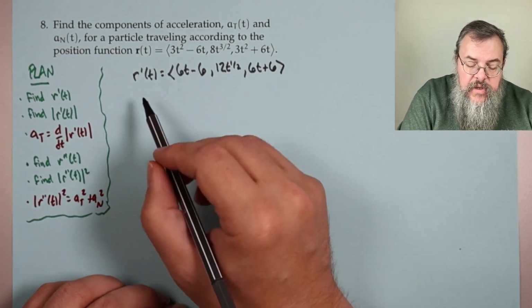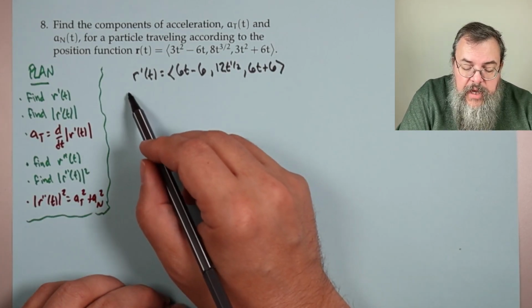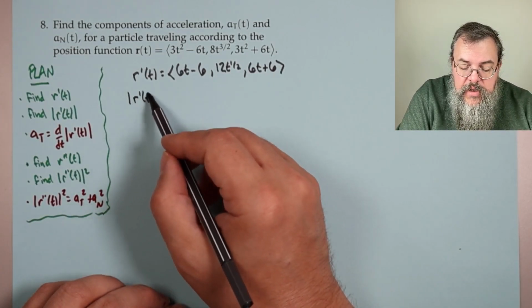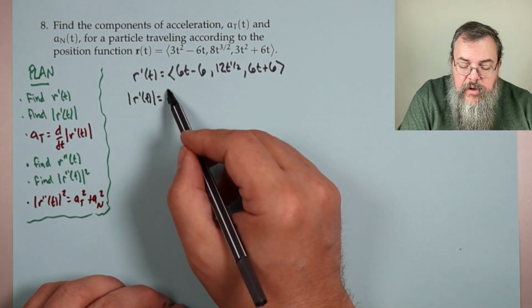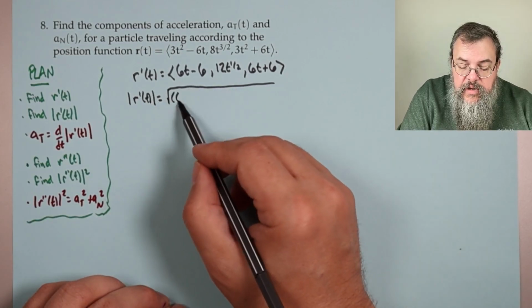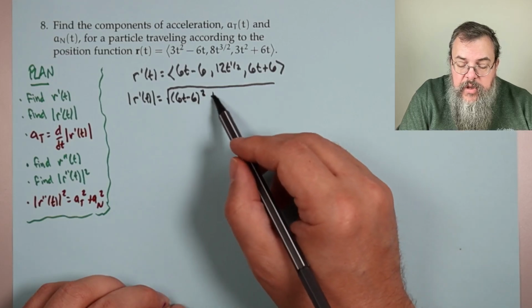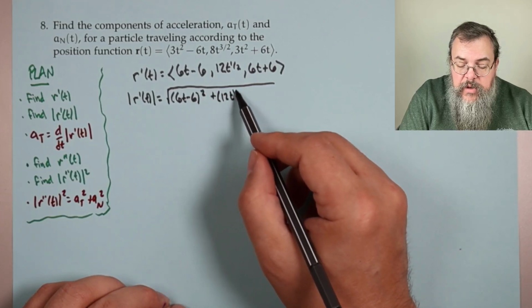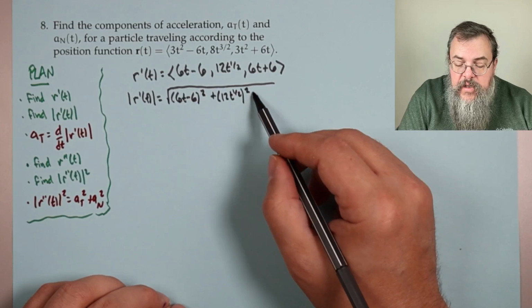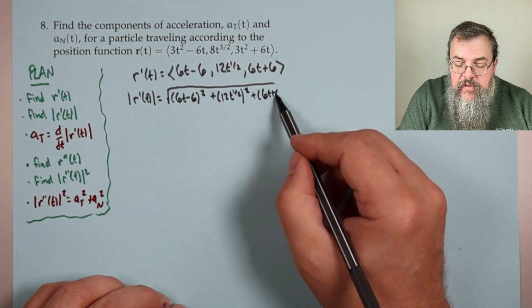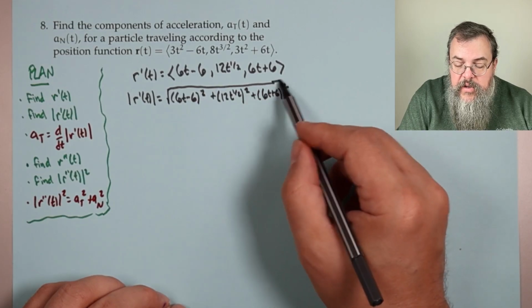All right. And okay, magnitude of r prime, that's going to be the square root of (6t minus 6) squared plus (12 t to the 1/2) squared plus (6t plus 6) squared.